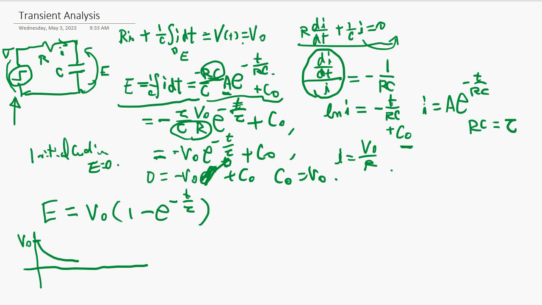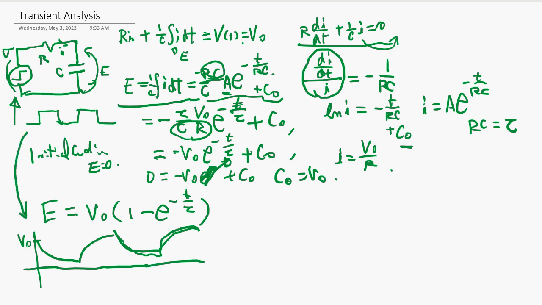And if you apply a square wave, then it steps down here, goes back up, and comes down again, goes back up. So it's kind of a triangle pulse against this. And this is E.